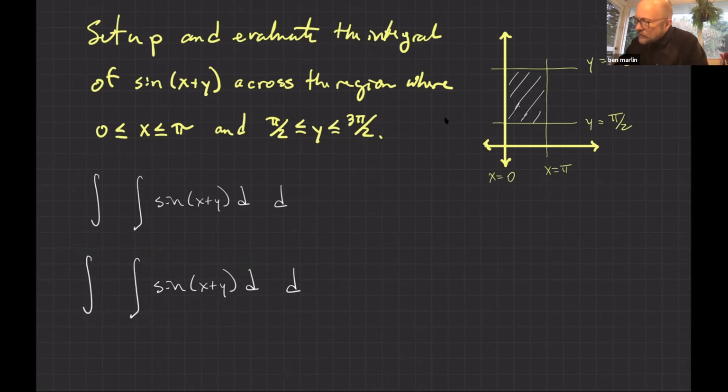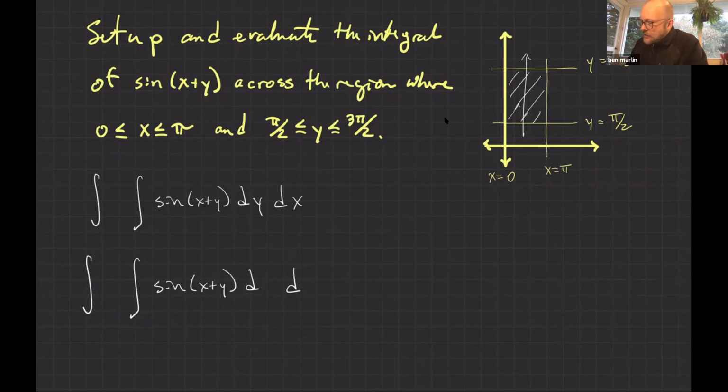So doing both setups here, let's do dy dx first, right? So if we do dy dx first, that inside limit is the y's, so I need this arrow up here, like so, and it goes in the direction that y's increase.